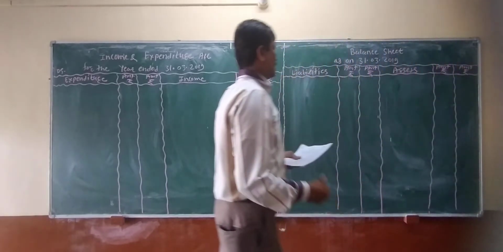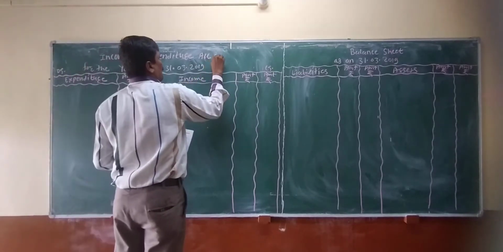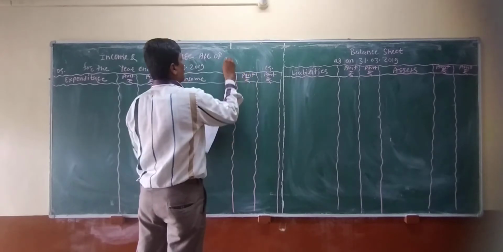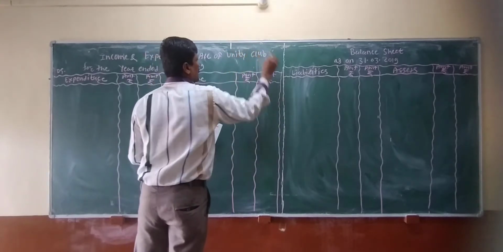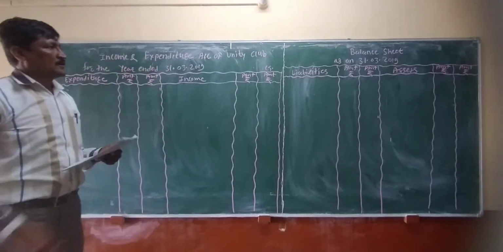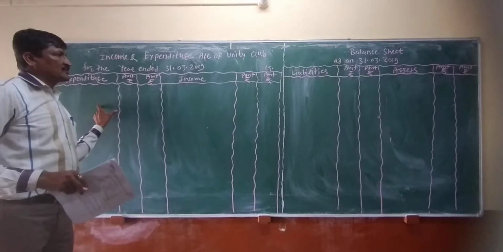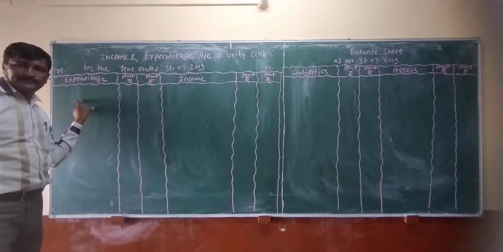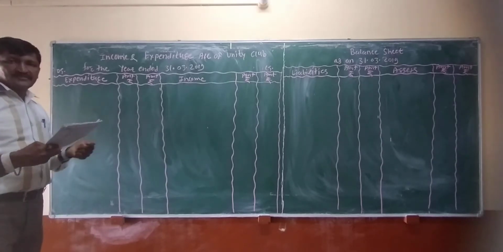So the income and expenditure account of Unity Club. First you prepare the format of the income and expenditure account as well as the balance sheet. Next, you transfer the items.